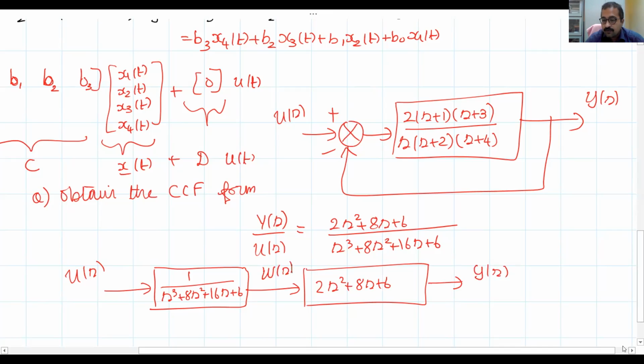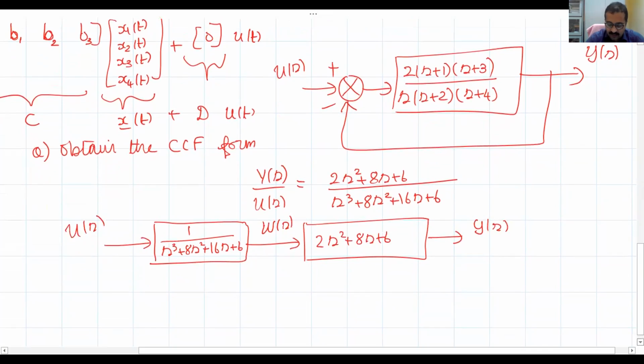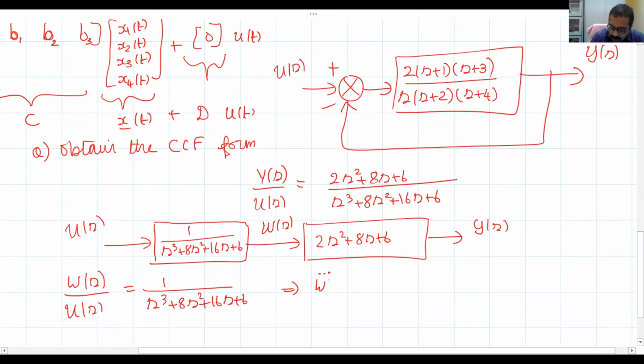So as before, you can call w of s by u of s as 1 divided by s cube plus 8s square plus 16s plus 6. So you will get w triple dot t plus 8w double dot t plus 16w dot t plus 6w of t equals u of t.